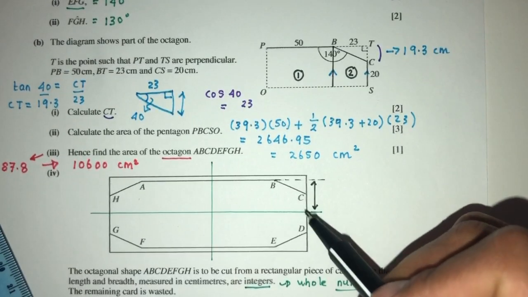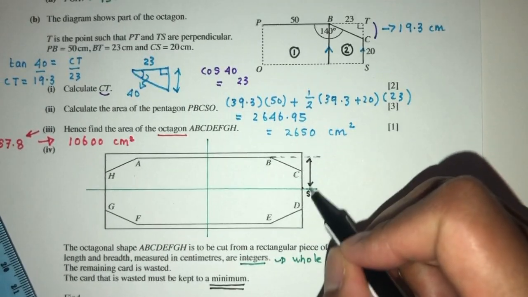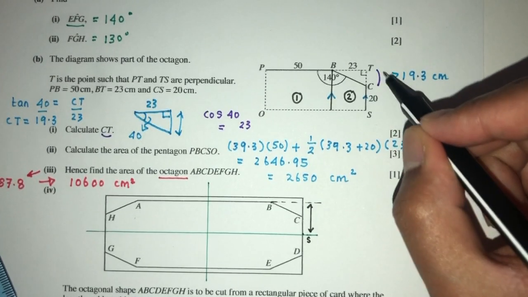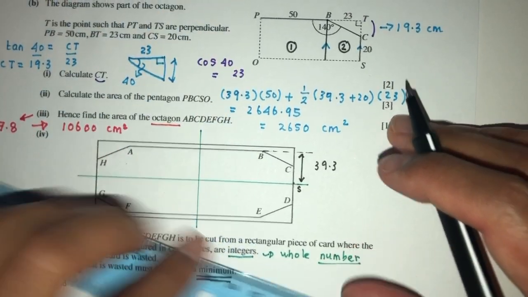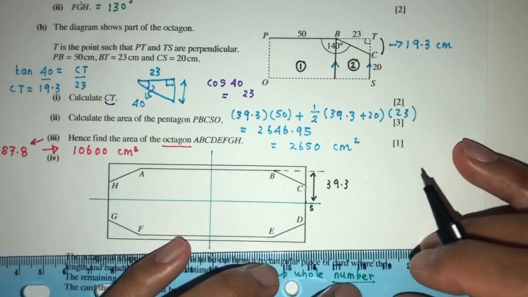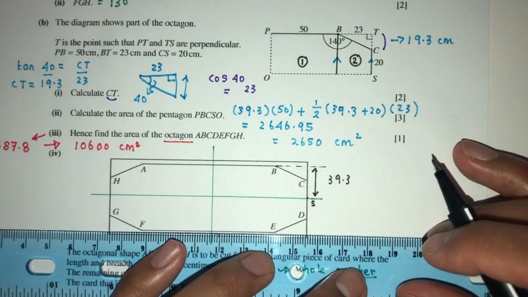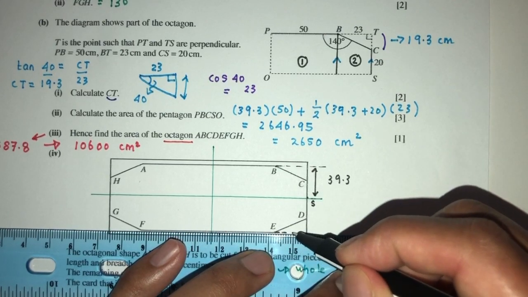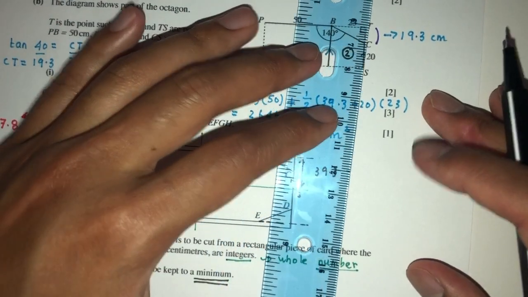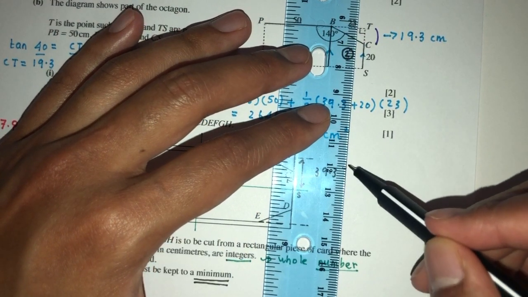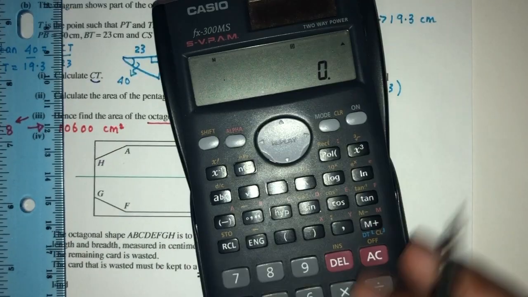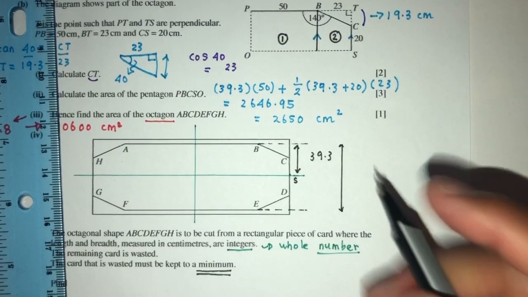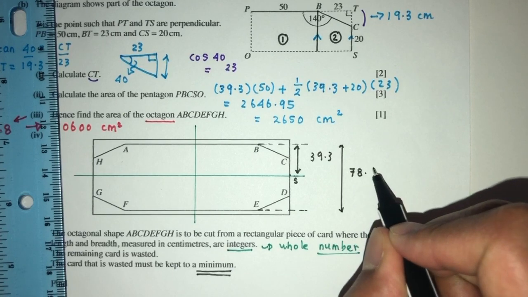As you can see, from this point S to this line has to be 39.3, which means the whole thing right here has to be 39.3 times 2, which is at least 78.6.